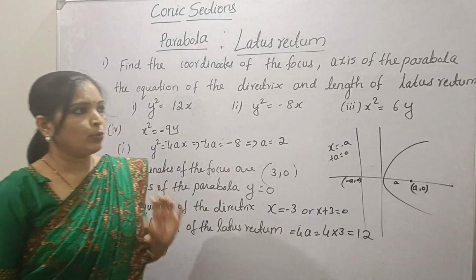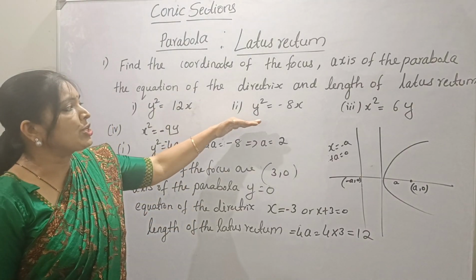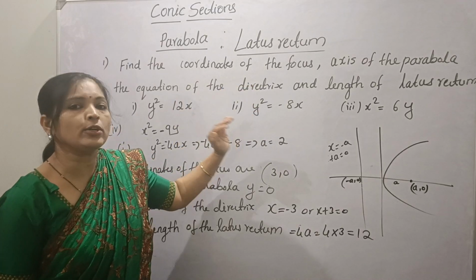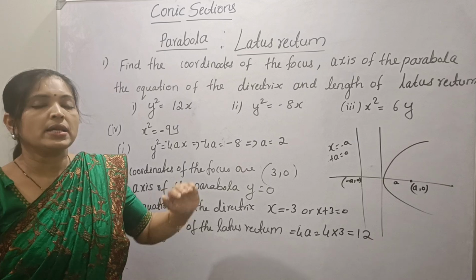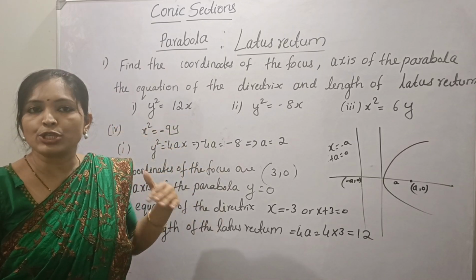And see one more thing, you have to listen carefully. Here this equation is y square is equal to minus 8x, or y square is equal to minus 4ax. We know that y square is equal to minus 4ax is a parabola towards the negative x-axis.